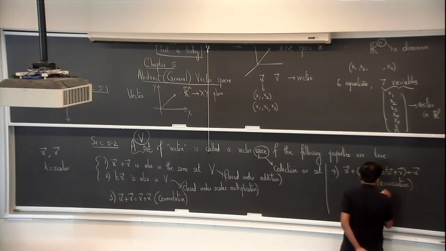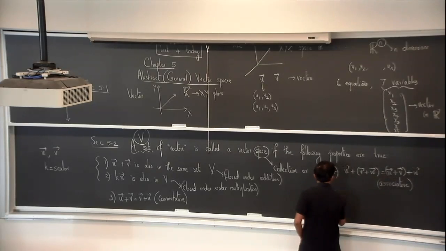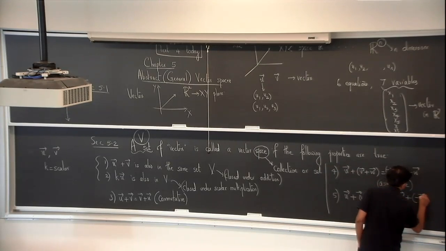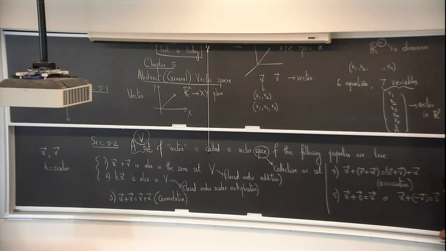We always take these things for granted because we do this in everyday calculations. Nobody cares. Okay, but these are all well set properties. Number 5. Now that might probably be the biggest thing you've ever seen today, right? u plus 0 equal to u, or if you add u to the opposite of u, you get the 0 vector.